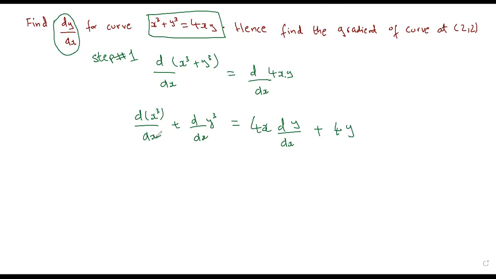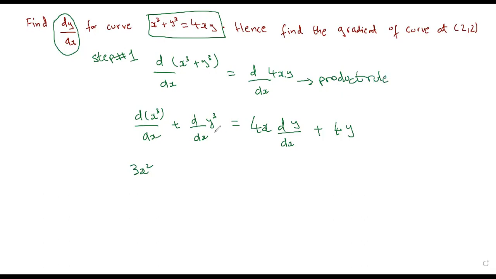Okay. What is the derivative in this case? 3x squared. Very good. And how am I going to solve this part, d by dx of y cubed? How am I going to differentiate this? 3y squared.